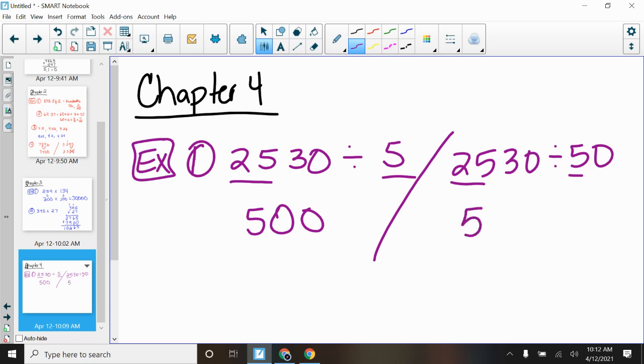But now we have an issue, because now we have a 5 on the outside, and that 5 is going to eliminate a 0 in our answer, right? So this 5 on the outside eliminates this 0 on the inside. So how many zeros are really going to go in our answer? Just one. What's this lesson? This is chapter 4, estimating with division.